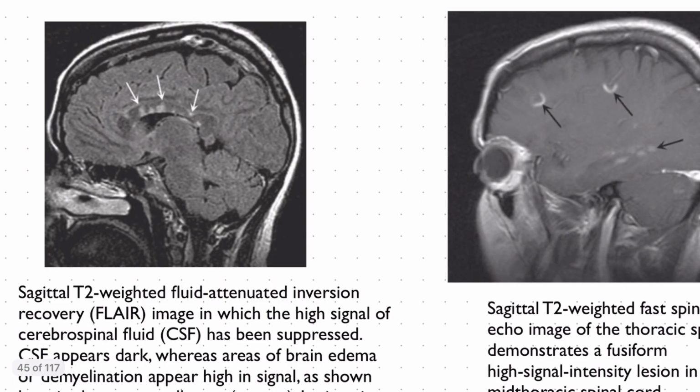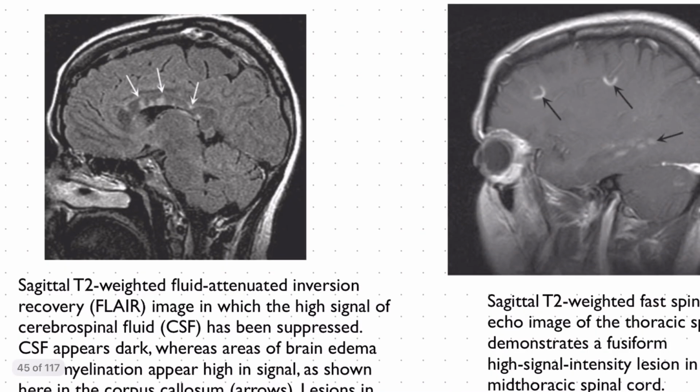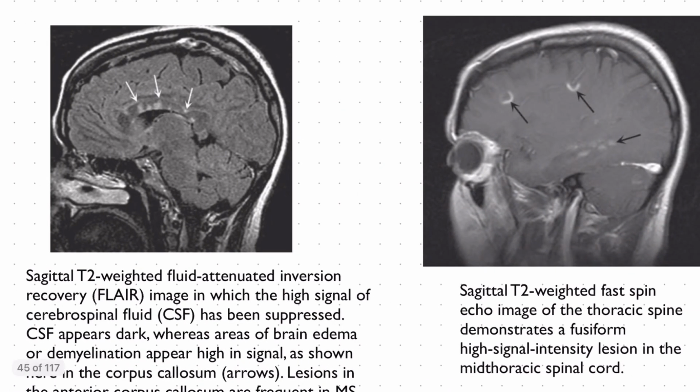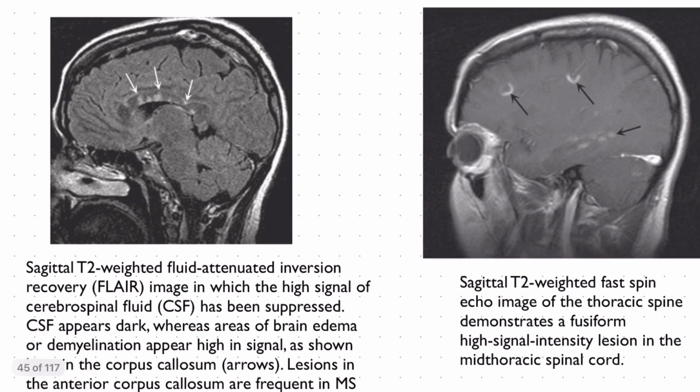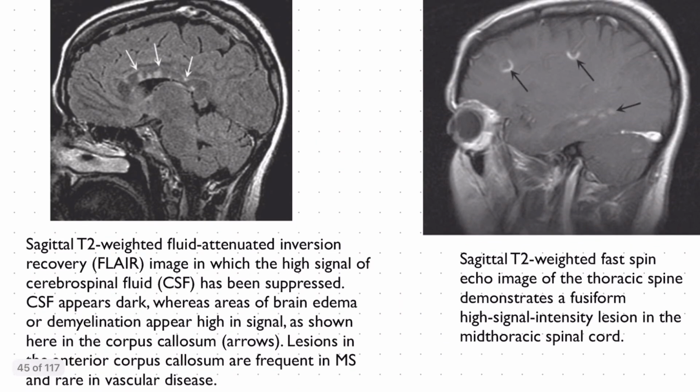It's a sagittal T2 weighted fluid attenuated inversion recovery or FLAIR image, in which the high signal of cerebrospinal fluid has been suppressed. CSF appears dark, whereas the areas of brain edema or demyelination appear higher in signal, as shown here in the corpus callosum. The lesions in the anterior corpus callosum are frequent in MS and are rare in vascular diseases.